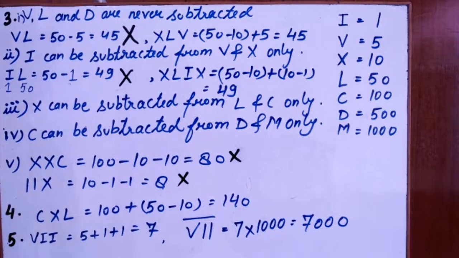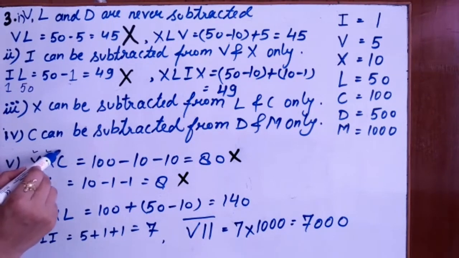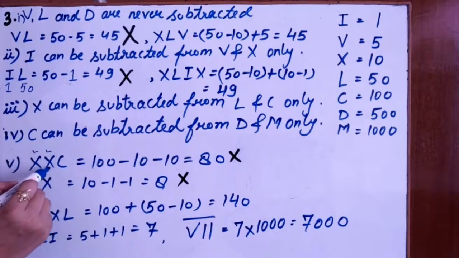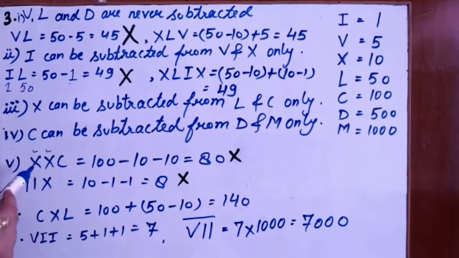For example, XXC. It has smaller values and it has a greater value. But a letter of smaller value is written 2 times to the left of a letter of greater value. That's why it is wrong.